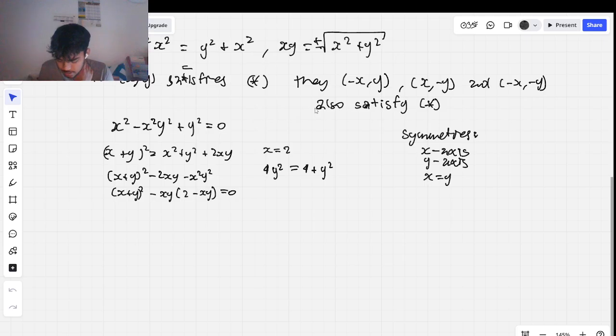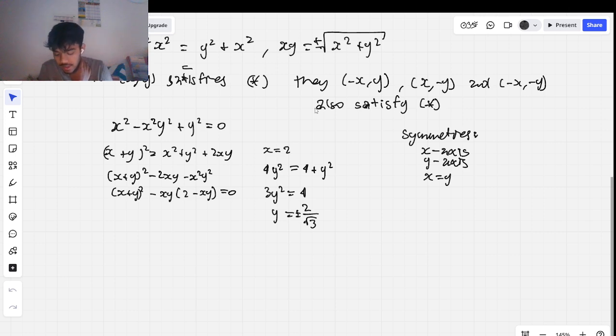Is that correct? Yes. That means that 3y squared is equal to 4, and therefore y is equal to plus or minus 2 over root 3. Okay, that's progress.